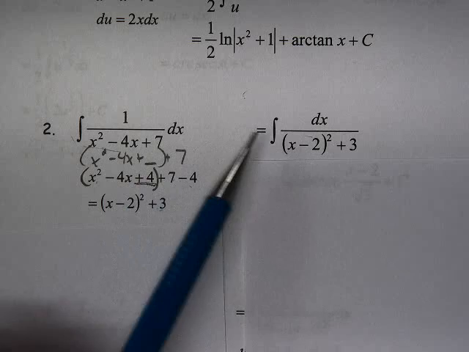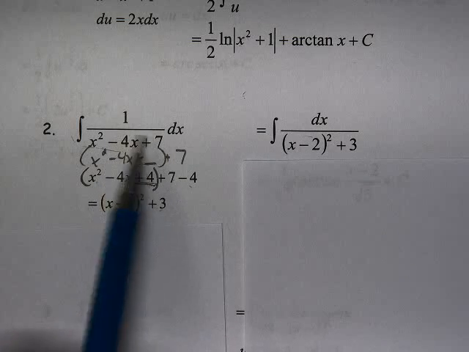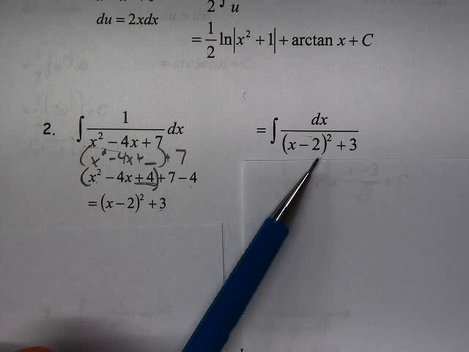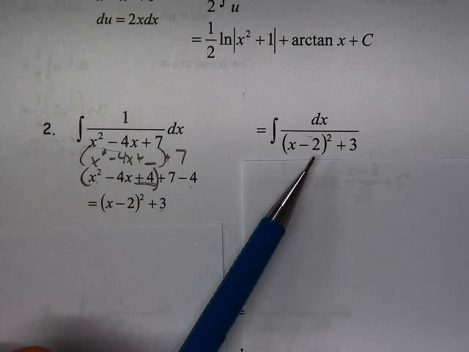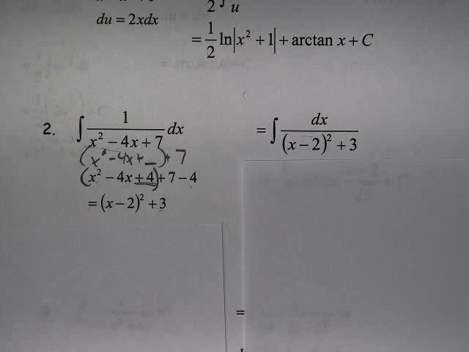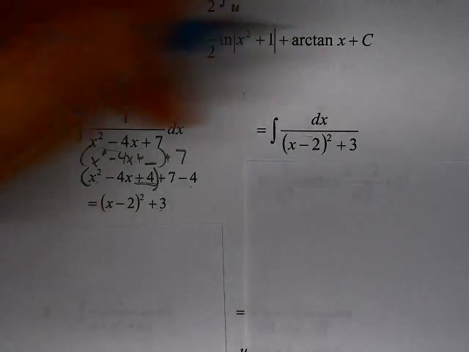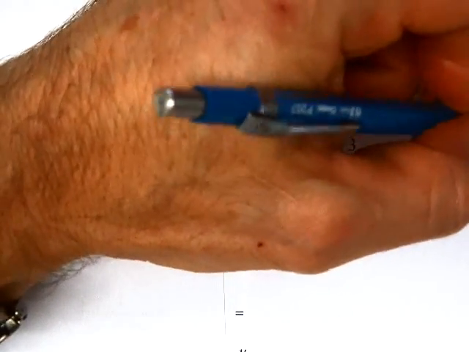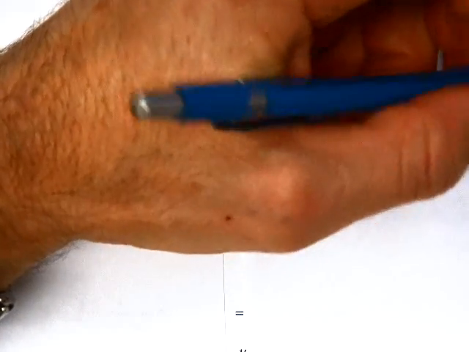I haven't even done any u substitution, but I have taken this denominator and put it in the form of the sum of two squares. And so now it looks a lot more like that arctangent integral. So this is the integral of 1 over u squared plus a squared du.